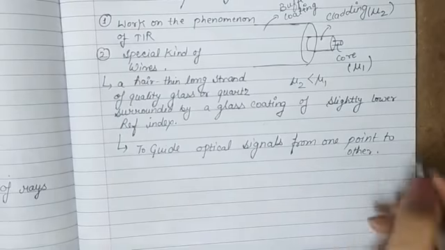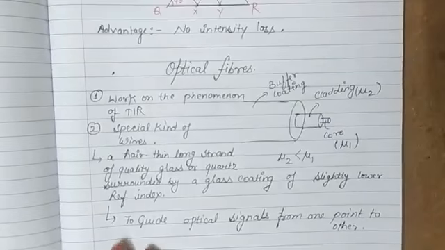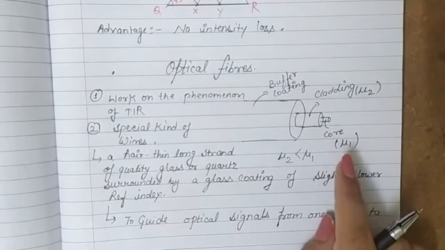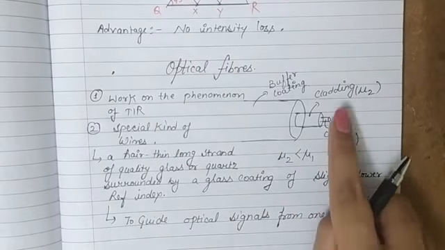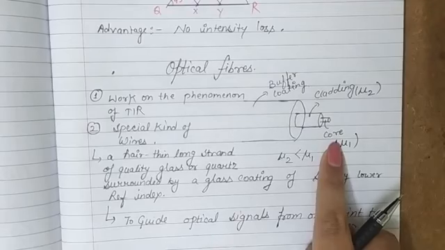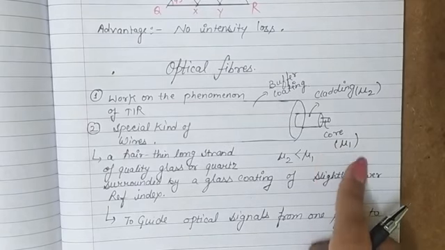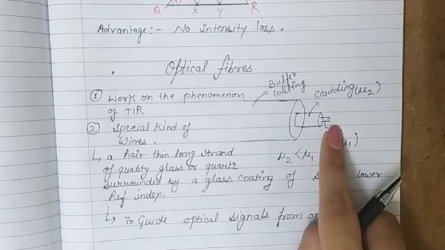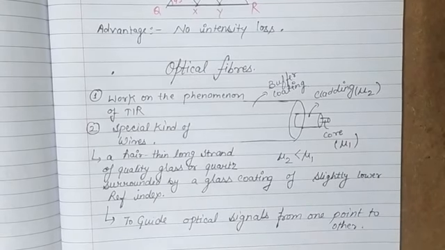Now as we can see the structure, the optical fiber consists of three main parts: core, cladding and buffer coating. We can see here, right? So core is the central cylindrical region which is made of high quality glass. It can be glass, silica or plastic of some refractive index mu1, and its diameter is about 10 to 100 micrometers.